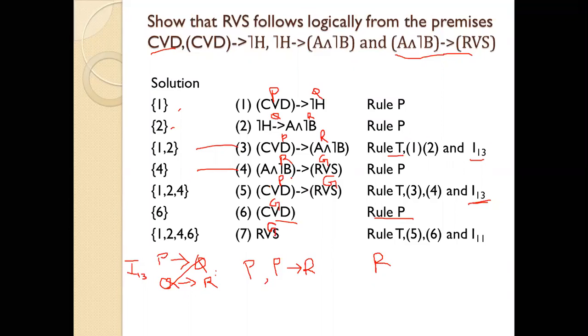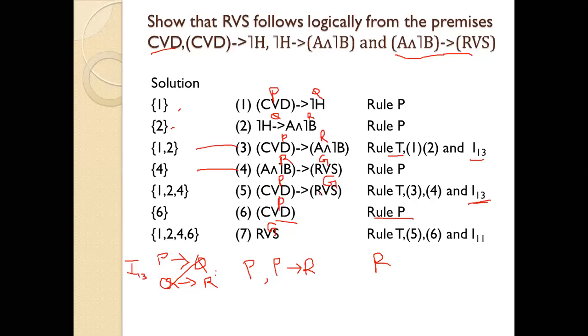Whatever is common gets cancelled. P implies G, G, so G is common. P is common with us, so we'll be left with G. P implies G and this is P, both are the same, this entire term.